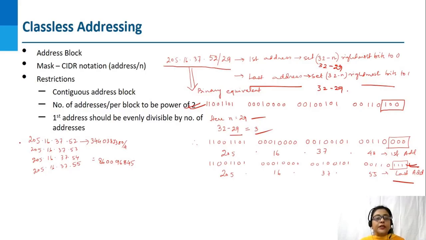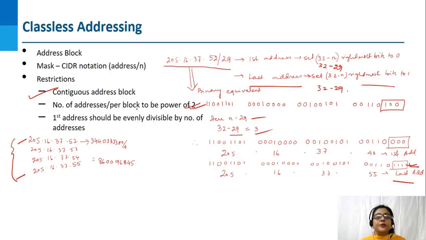The address block is 205.16.37.52 up to 205.16.37.55. There are 4 addresses in this block, and it is a contiguous block because it runs 52, 53, 54, 55. So the first restriction is satisfied.